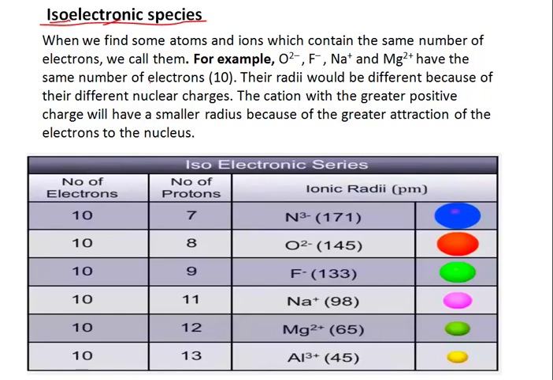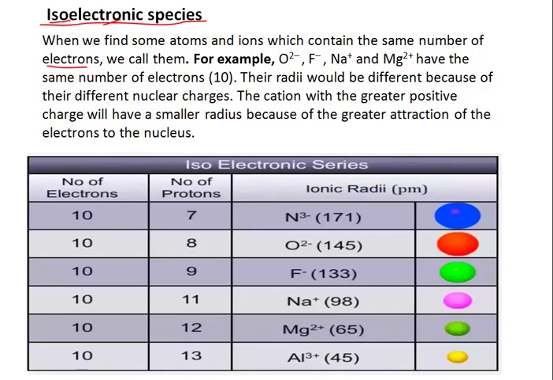Such species are called isoelectronic species. So the species which contain same number of electrons will be called isoelectronic. But do remember, same number of electrons, but their protons tend to vary. So they will have different nuclear charge. Isoelectronic species are those which contain same number of electrons but have different magnitude of their nuclear charge.